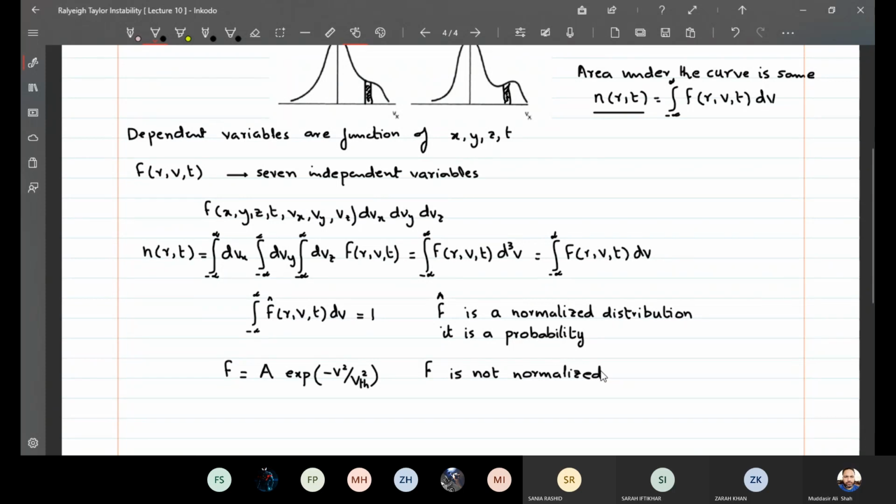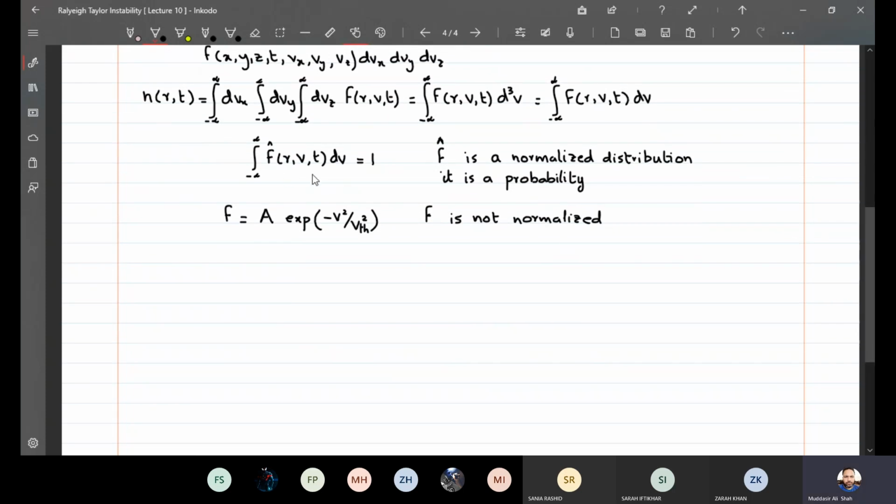So when we normalized it using this condition, then we came to know that the normalized Maxwellian distribution will be, so this will be a normalized distribution that upon integrating you will get one.